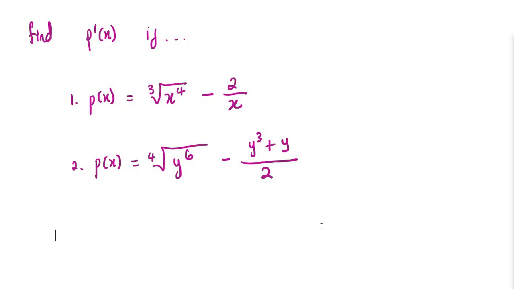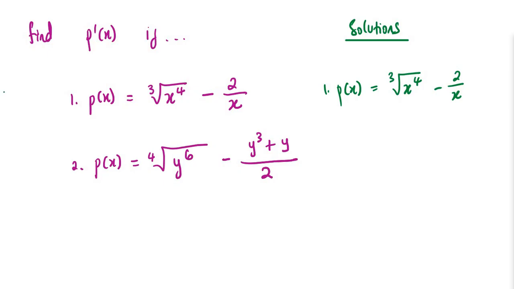All right, so for these ones here, we're still going to be applying the knowledge we just learned, especially from grade 11 or 10. So let's have our solutions this side. The first one, you have p of x being equal to the cube root of x to the power 4 minus 2 over x.